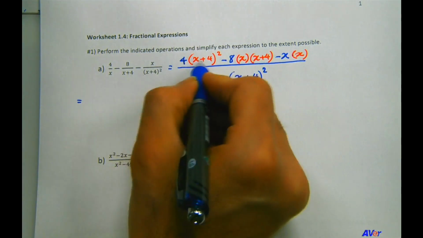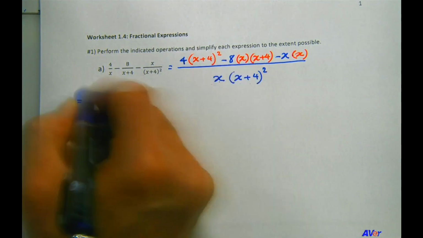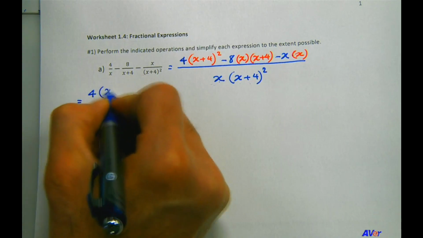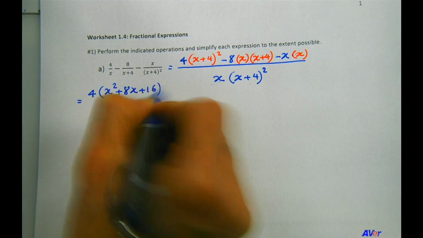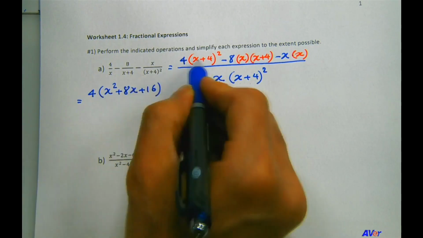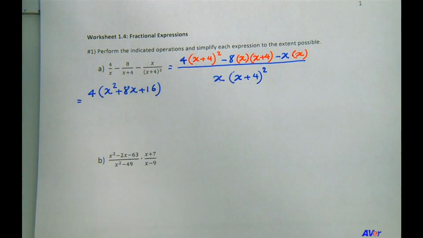So first I'm going to expand (x plus 4) squared. So 4 times (x squared plus 8x plus 16). How did I know? You can either FOIL this, or if you remember the special product formulas, and let me bring back my previous worksheet.